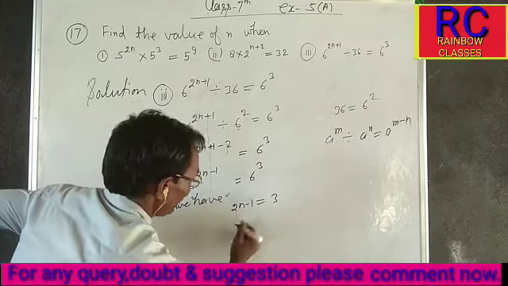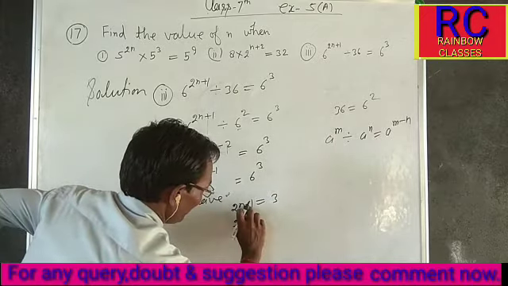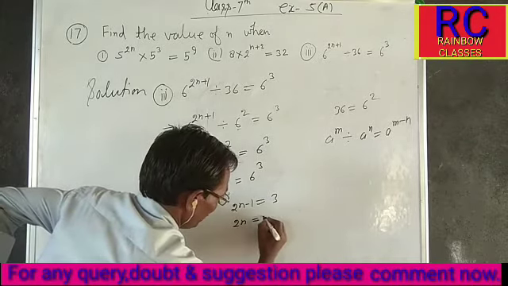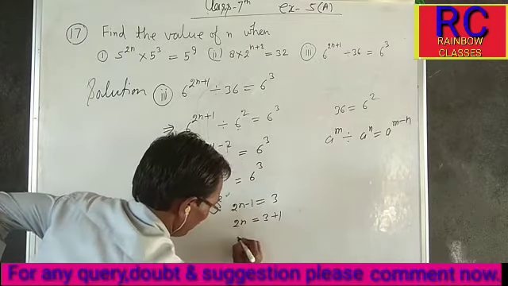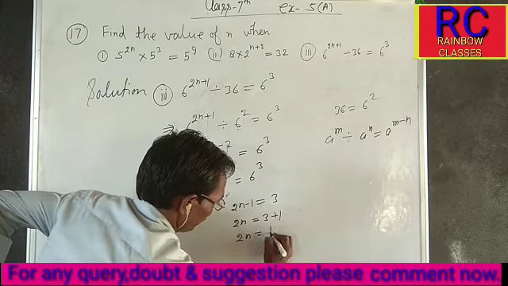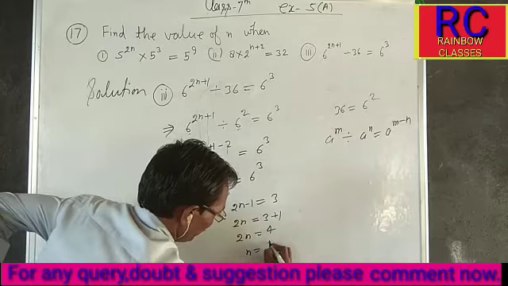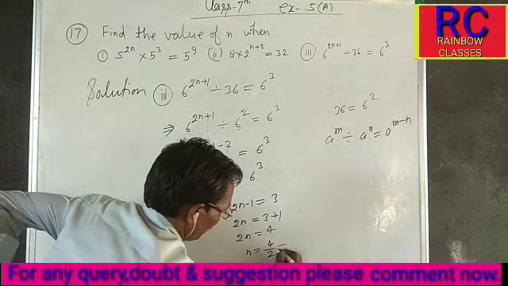Transferring, 2n is equal to 3 plus 1, which is 4, and n is equal to 4 by 2, or 2.